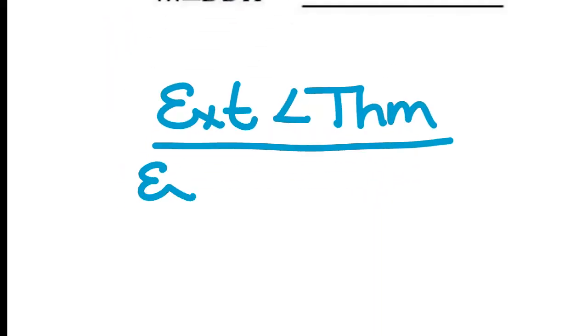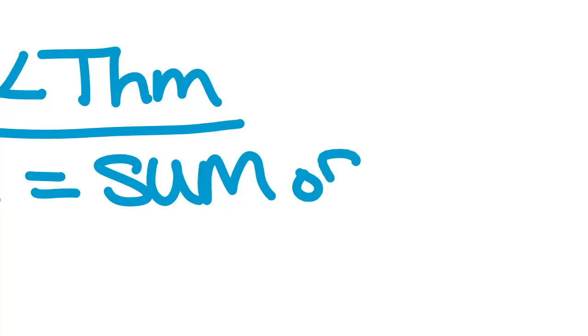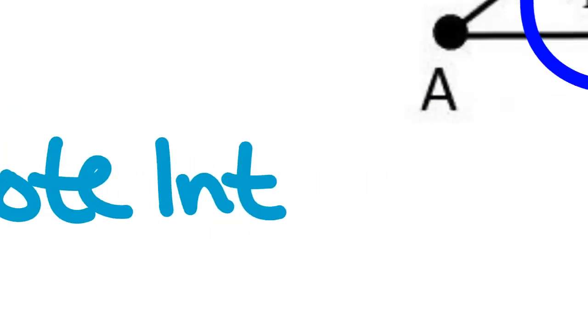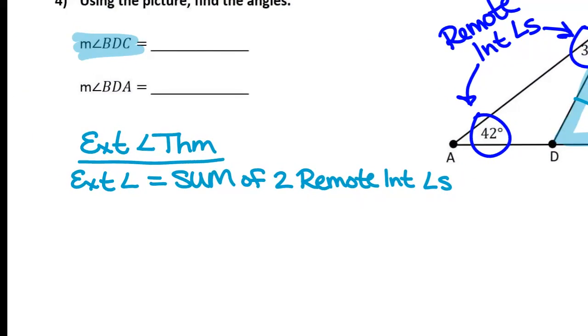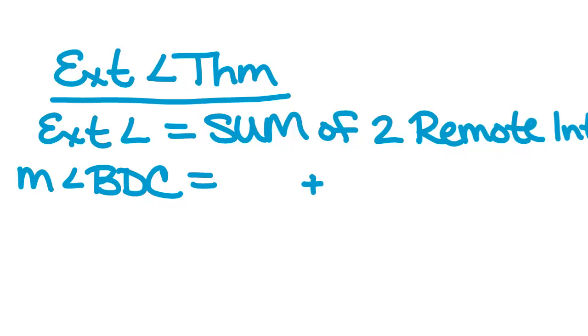And my exterior angle theorem says that the exterior angle is equal to the sum of the two remote interior angles. So that exterior angle is angle BDC. So the measurement of angle BDC is equal to, sum means to add.